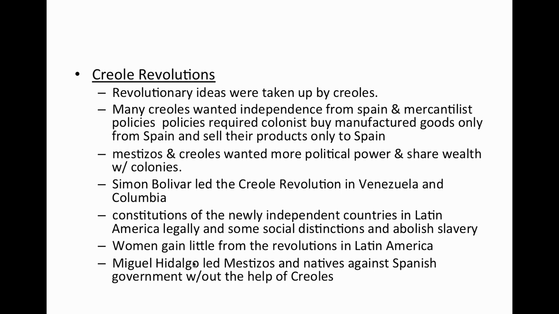Remember, there was Miguel Hidalgo, who led actually not a Creole revolution, but a mestizo and native revolution. But he too failed. Eventually, the Creoles gained control and governed. A common denominator would be not only independence from Spain, but freedom from those mercantilist policies that limited their wealth and prosperity. Okay.